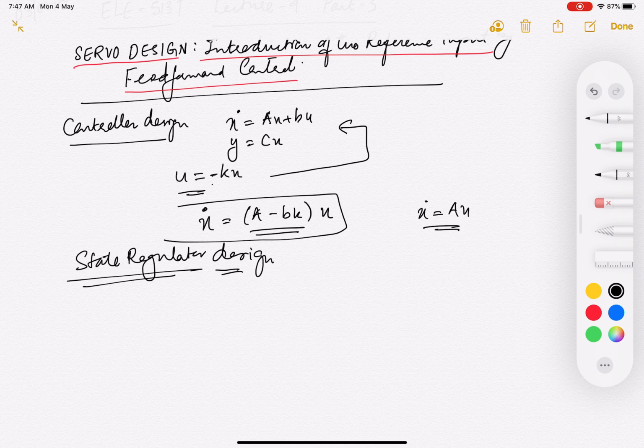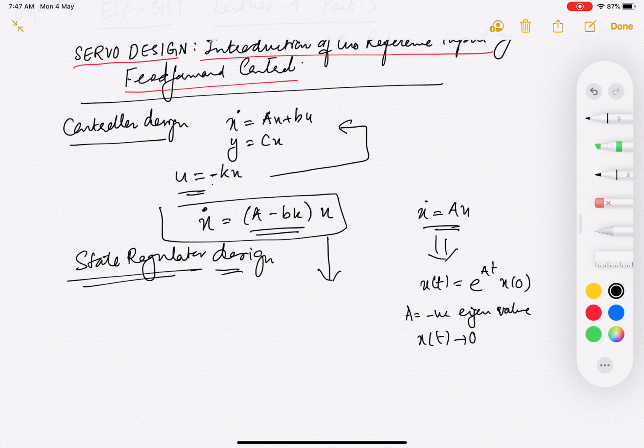Because when you try to solve this, if you remember, the solution for this homogeneous state space representation of a system was x(t) is equal to e to the power At x0. And if your A has negative eigenvalues, that means the system is stable. This ensures that x(t) tends to 0 for all values of x0.